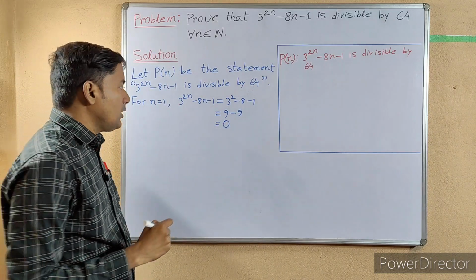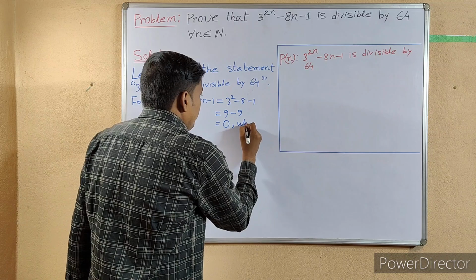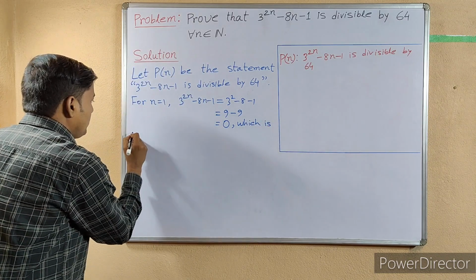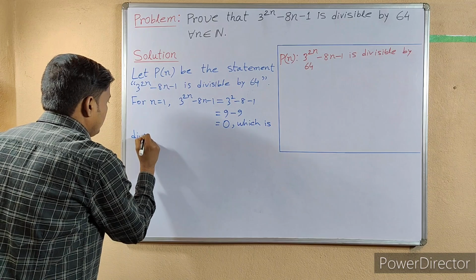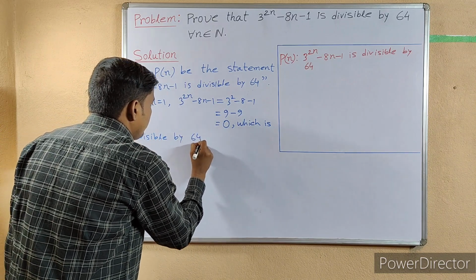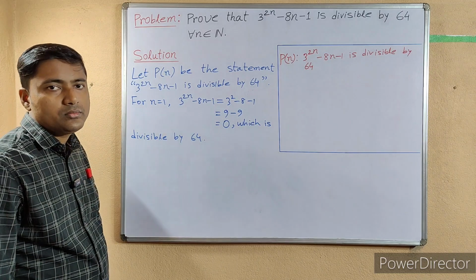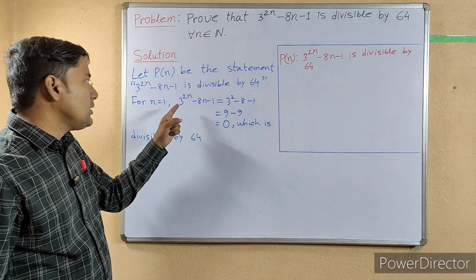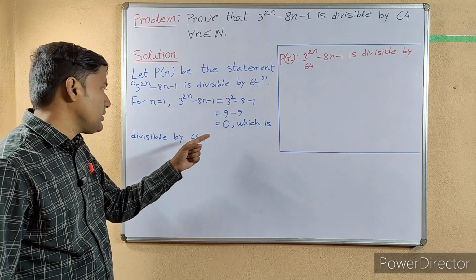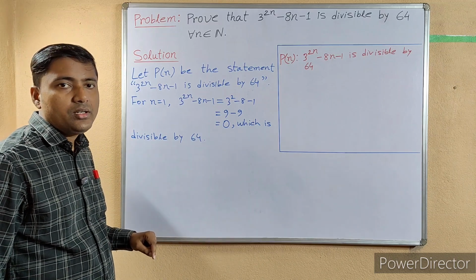Which is divisible by 64. For n equal to 1, 3 to the power 2n minus 8n minus 1 equal to 0 and 0 is divisible by 64.